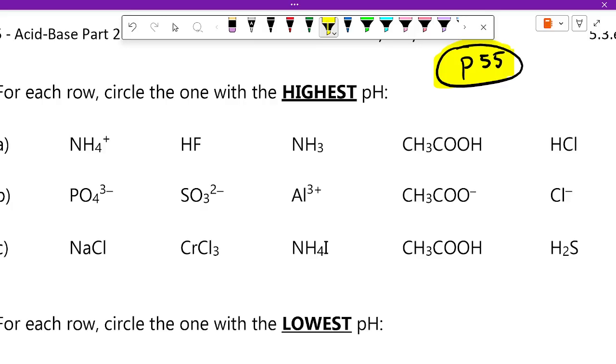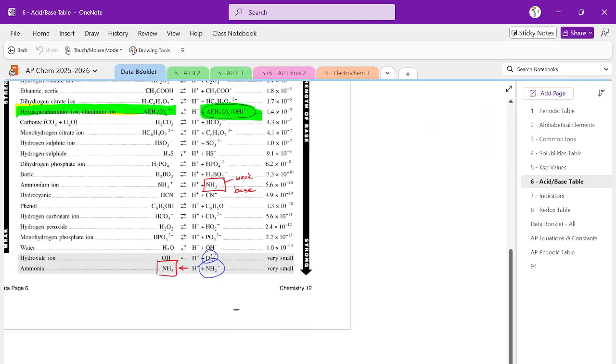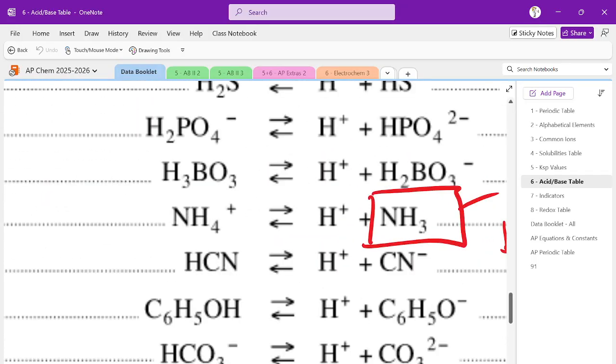What is it? So NH4+, is NH4+ an acid or a base or neutral? And if you don't know, where should you look? You should look on your data table. Okay, so we look up NH4. Here it is.